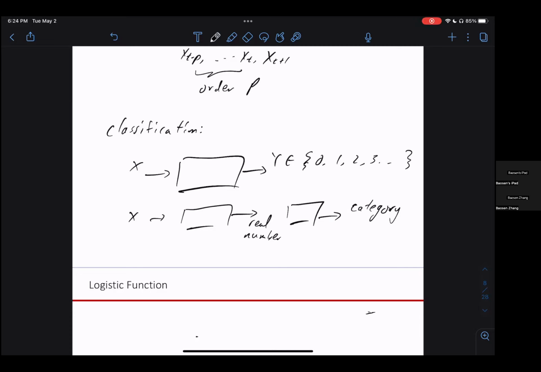You do adding, subtraction, multiplication, whatever here. Then at the end, you try to convert your real number to one of these categories. Normally you can interpret this as a probability or proportional to a probability, and you look at which one of these is most likely given the probability that you have.